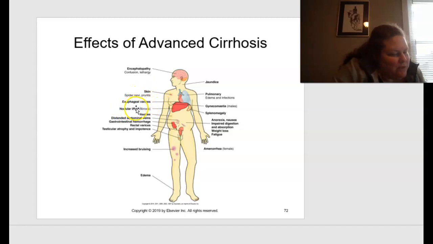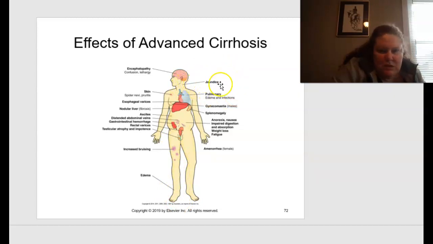You can have a nodular liver from the fibrosis, the ascites, which can cause the distended abdominal veins, the GI hemorrhage, rectal varices, as well as testicular atrophy and impotence. You can have increased bruising as well as edema in the extremities. It can cause jaundice, which is the overall yellowing of the body.